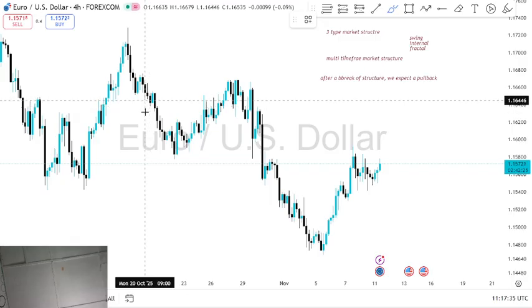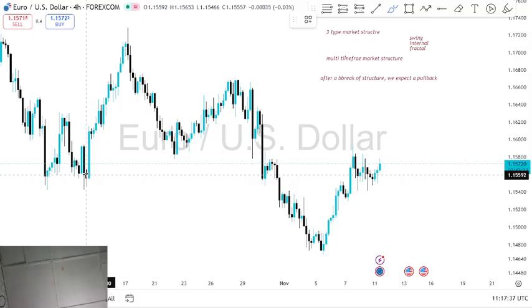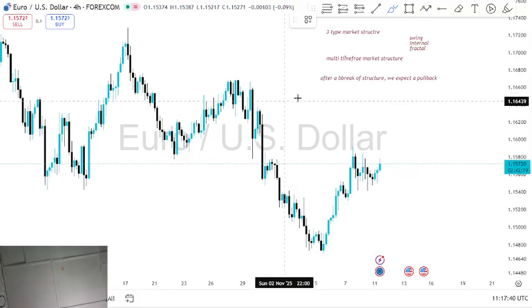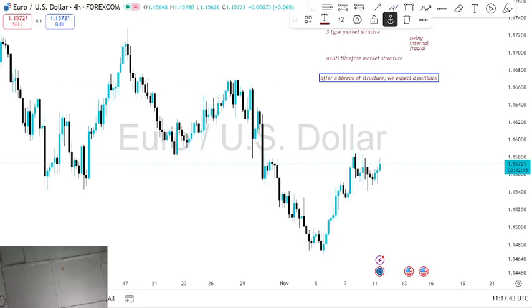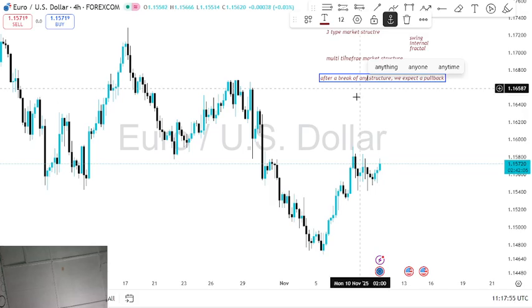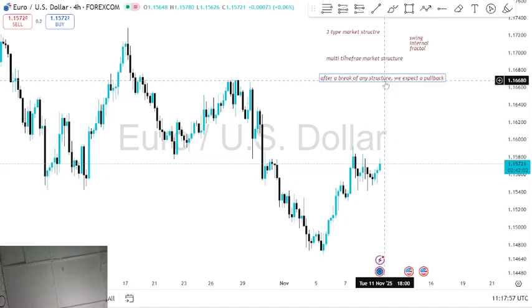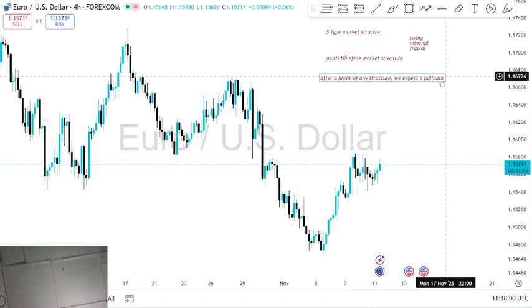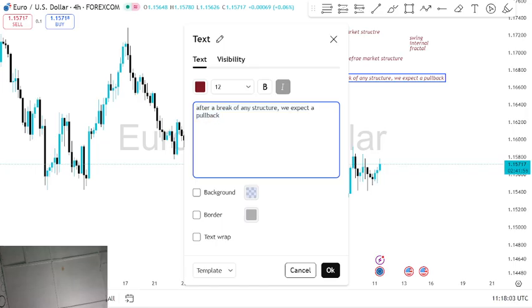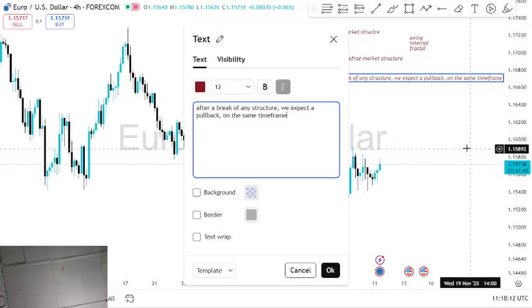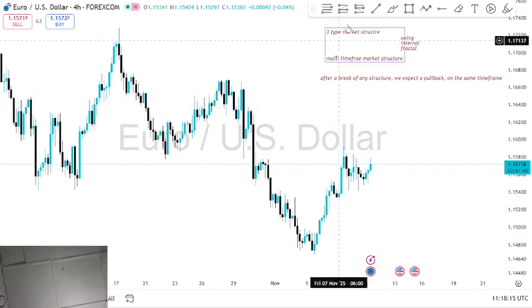The answer is, after a break of any structure, let me say that to clarify everything, fractal, internal, or swing, we expect a pullback on the same time frame. So after a break of structure, we expect a pullback on the same time frame.